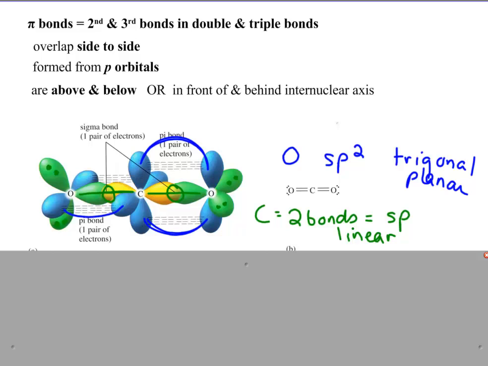So one part of the pi bond comes out towards us, the other part of the pi bond goes back into the board, and so there's our second bond between oxygen and carbon on the left-hand side. So one pi bond, one sigma bond between the carbon and oxygen on each side. And multiple bonds always have exactly one sigma bond, and more bonds than that are pi bonds.